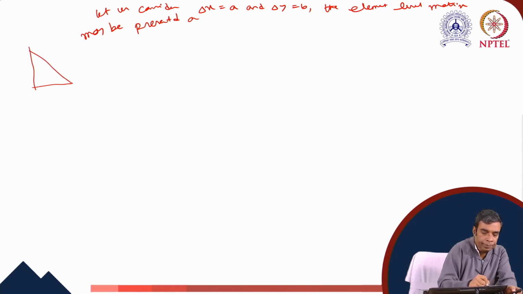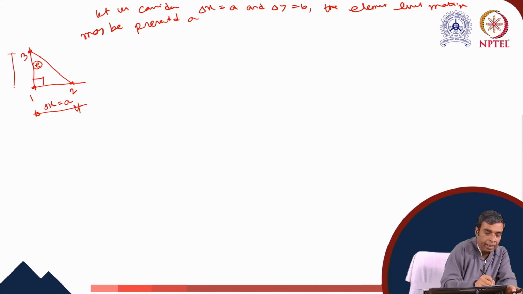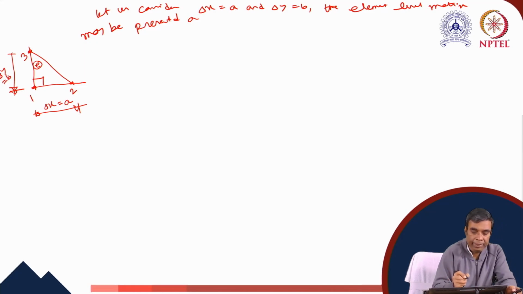If local node 1 is containing the right angle, local node 2, local node 3, this is element E, then this base is delta x equals a and the height is delta y, we take it as b.